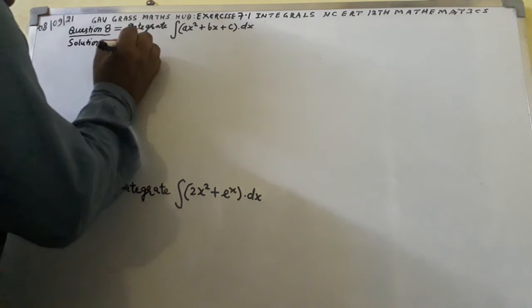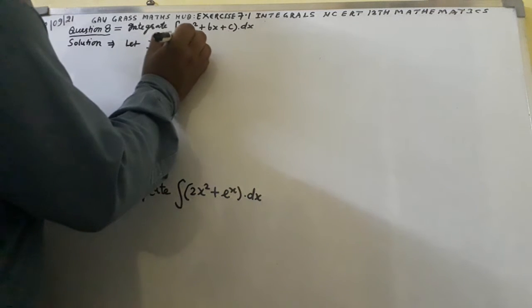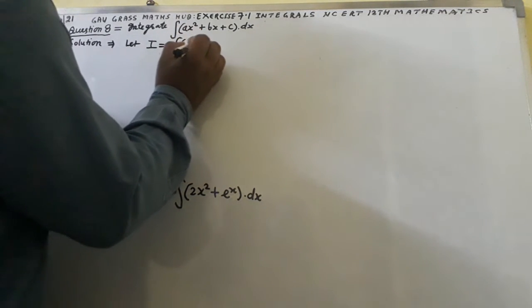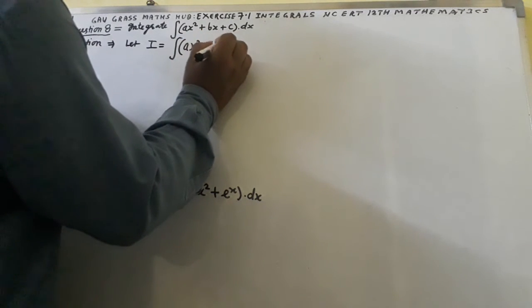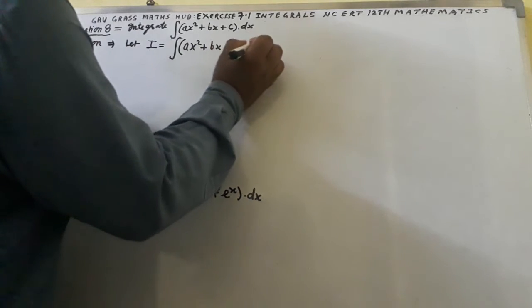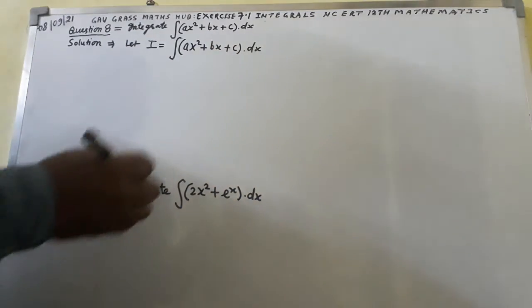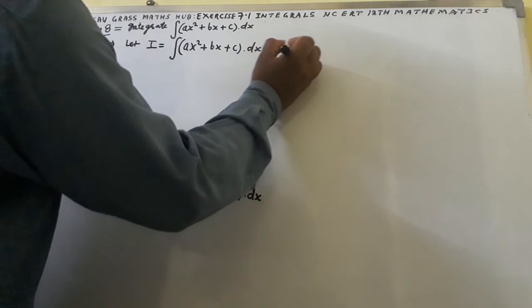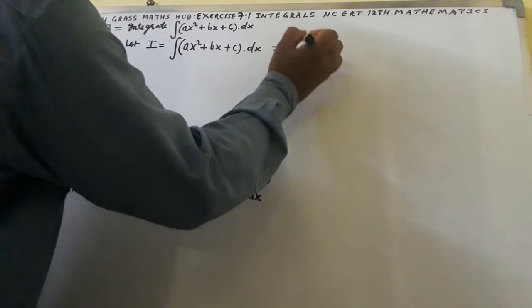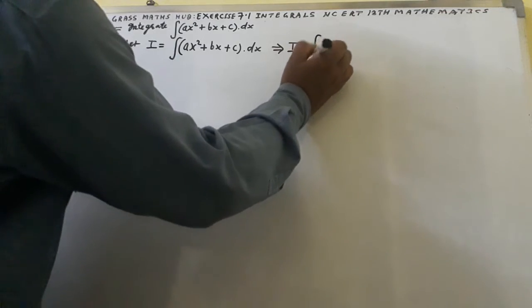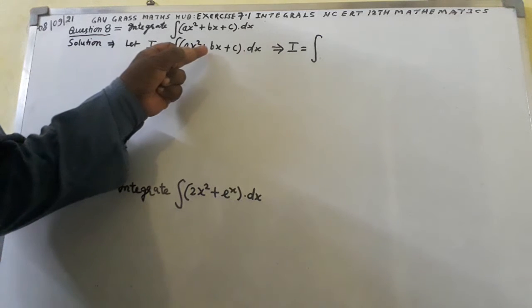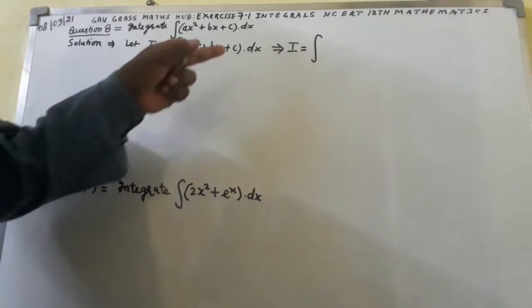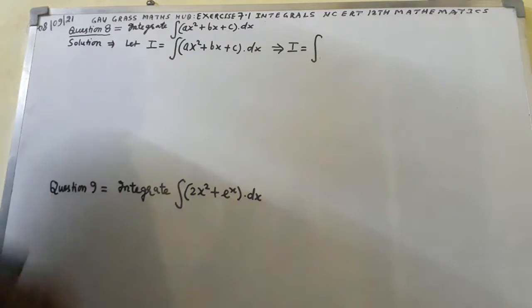Implied that, let I equal to integral of ax square plus bx plus c dx. Implied that I equal to integral. Now ax square is the first term, plus bx is the second term, plus c is the third term.